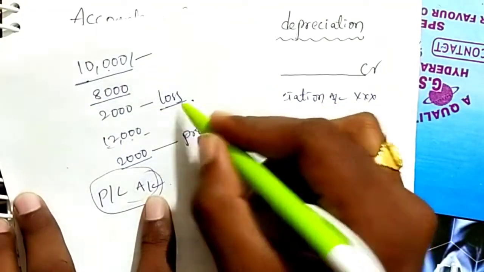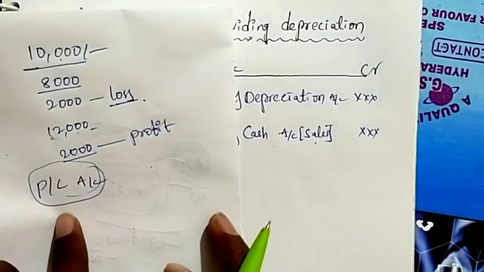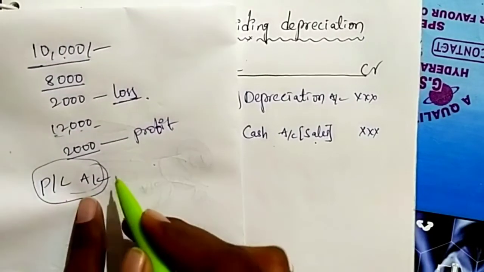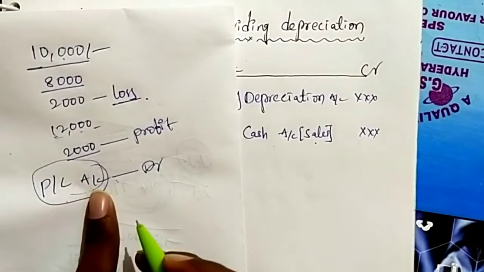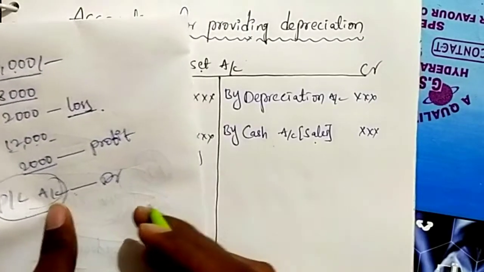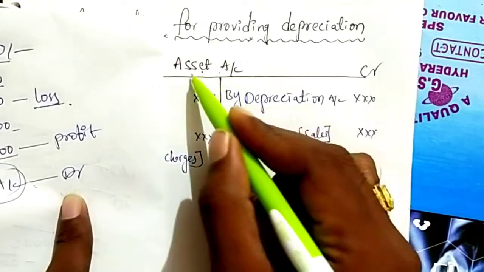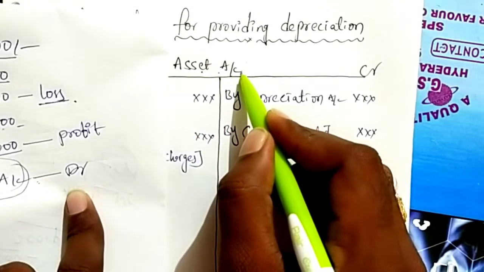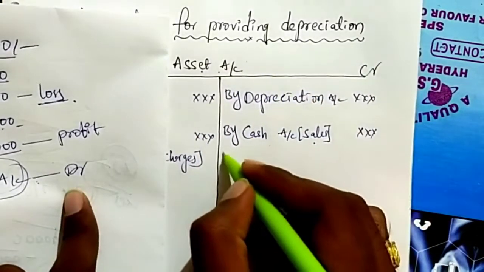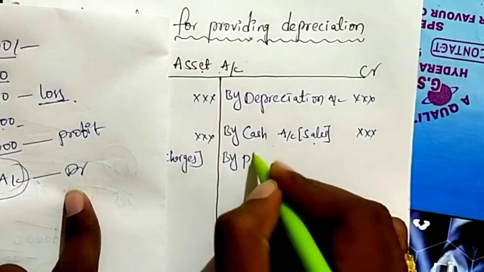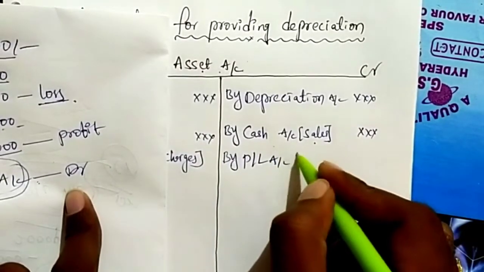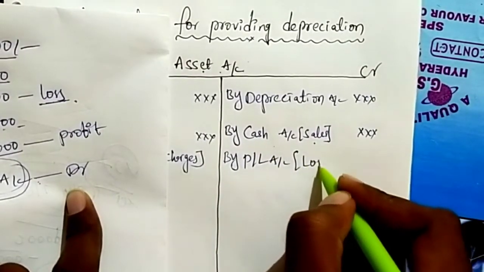So for loss, profit and loss account will be debited. Automatically another account has to be credited. What is that? Asset. We are preparing asset account only. So asset account credited, that's why we have to write in the credit side by profit and loss account in the bracket loss.